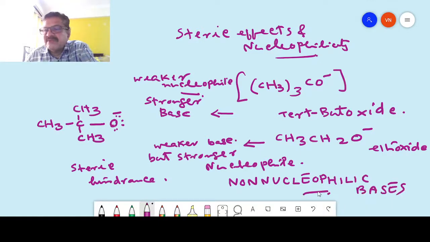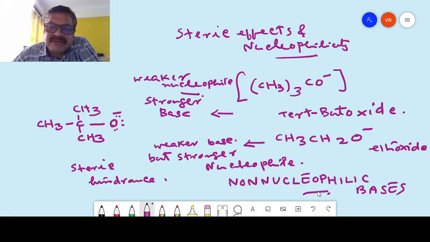This is the word used for this. Just like the tertiary butoxide here, potassium tertiary butoxide, I will just write here. They are called non-nucleophilic bases.